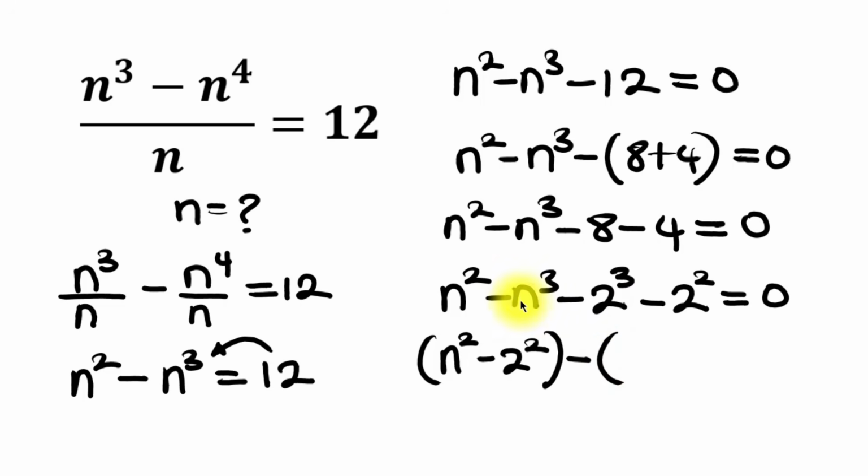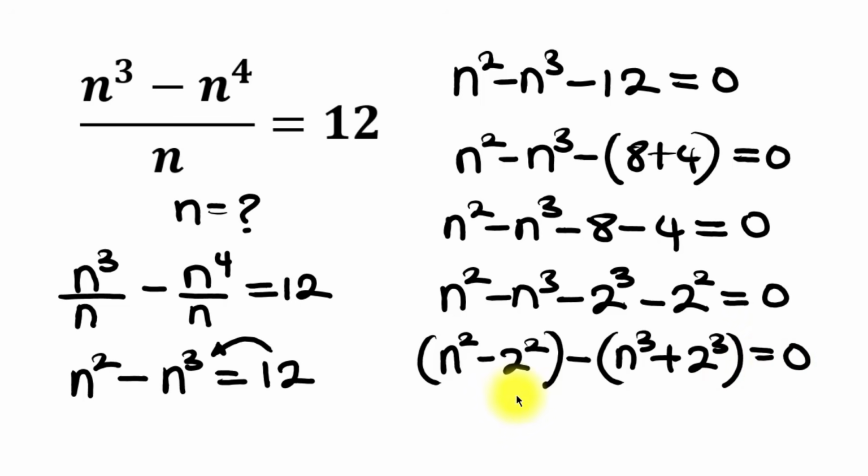Starting with the n, we have n cubed, and then I was supposed to put minus here, but if I did that, when I open negative times negative, it will give positive instead of this negative 2 cubed. So we don't want that. In order to maintain the negative here, I have to put plus here. Very good. And this is equal to 0.